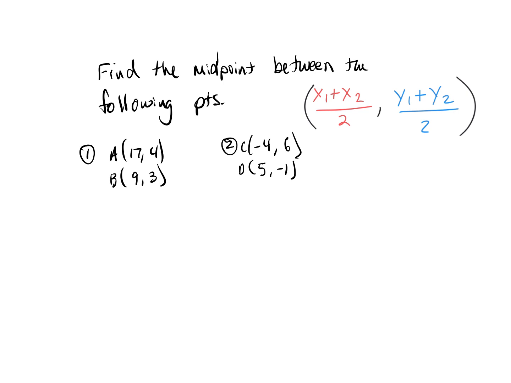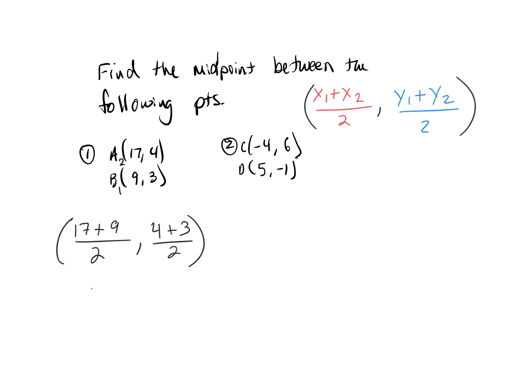Now, for 1, I'm going to choose A to be 2 and B to be 1. And then for the other one, I'll choose C to be 1 and D to be 2. It's not going to matter, again, as long as you're consistent. So here we're going to choose 17 plus 9 over 2, and then comma, just for the other one, 4 plus 3 over 2.